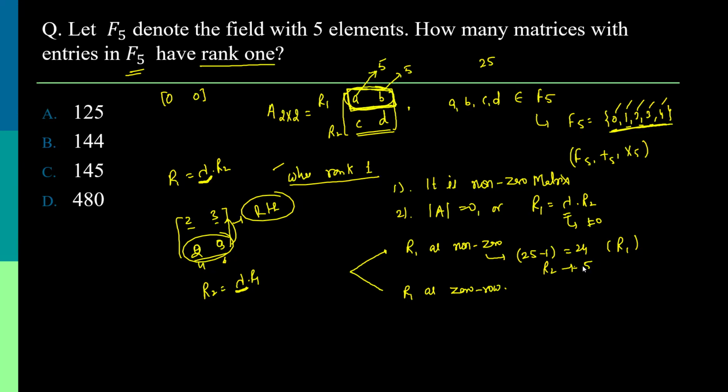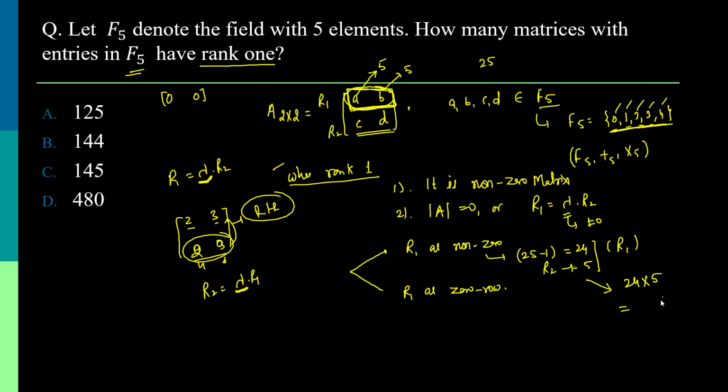For R1, 24 choices. So how many total such matrices exist where R1 is non-zero, ABCD comes from F5, and the rank of the matrix is 1? It will be the number of choices for R1 times the number of choices for R2.